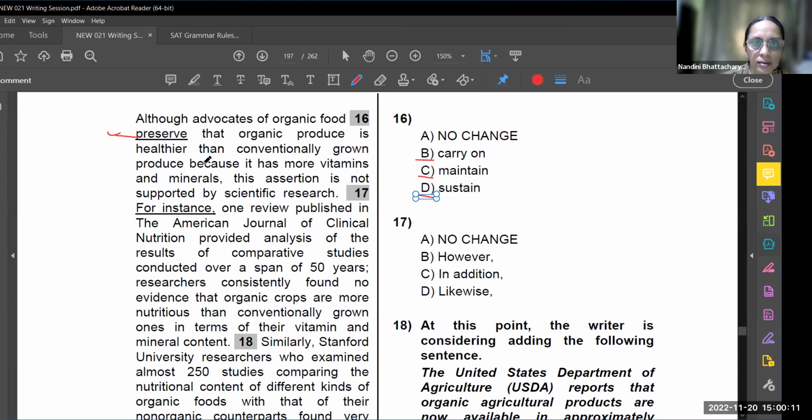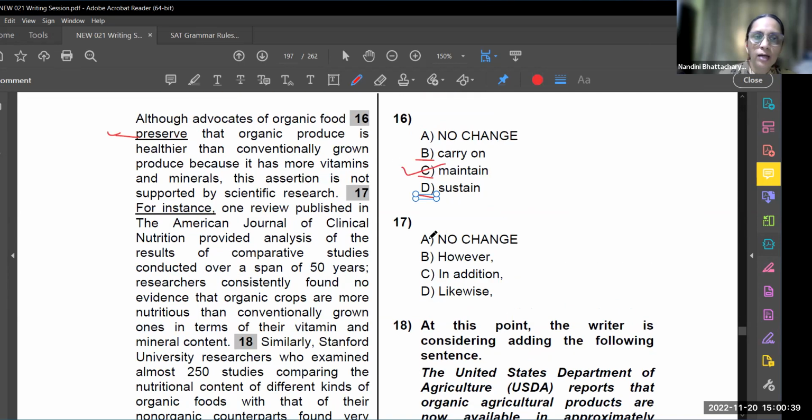It should be C. Though advocates of organic food, you can say believe that, or are of the opinion that, right? So maintain will be the answer, not carry on or sustain.